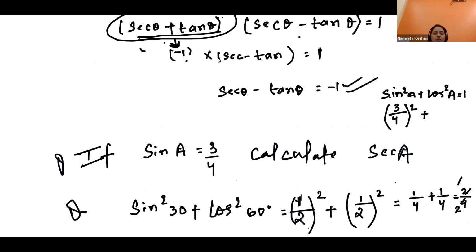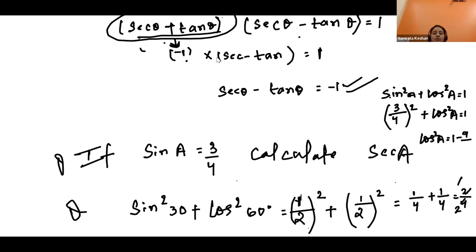From here cos square A equals 1 minus 3 by 4 whole square, which is 9 by 16.